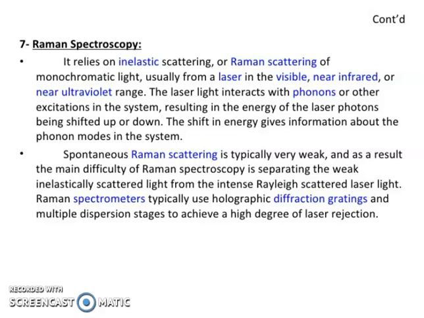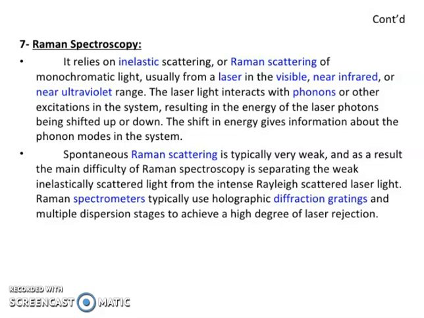The shift in energy gives information about the phonon modes in the system. Spontaneous Raman scattering is typically very weak, and the main difficulty of Raman spectroscopy is separating the weak inelastic scattered light from the intense Rayleigh scattered laser light.